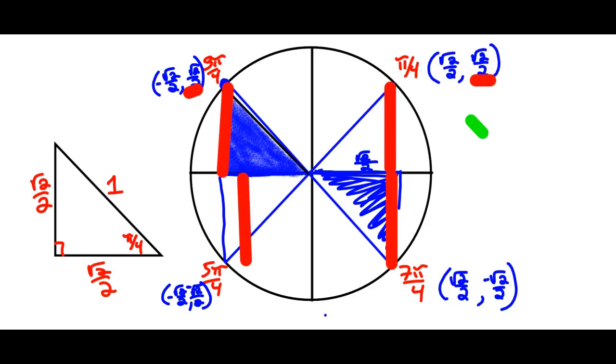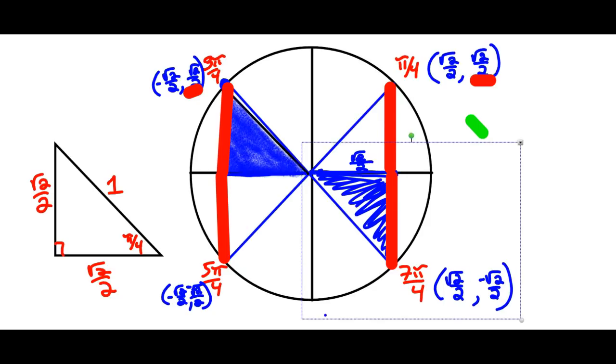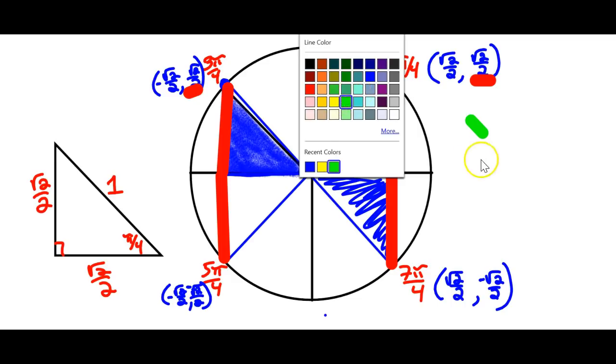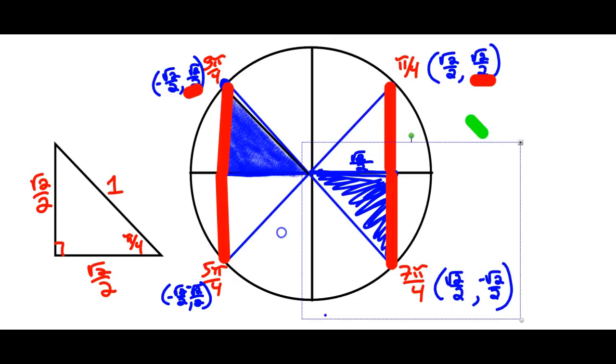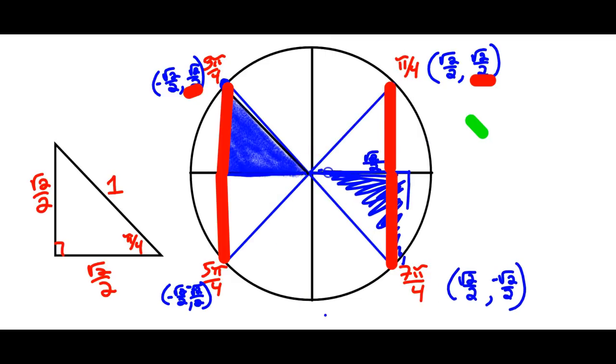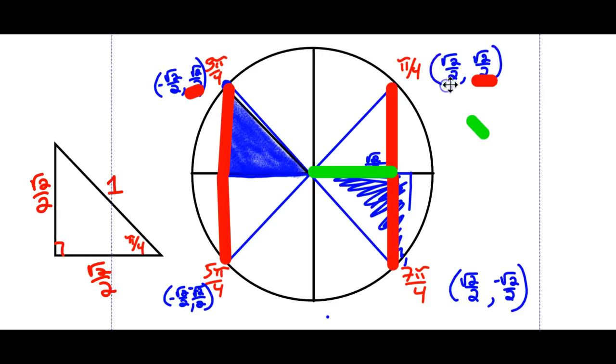Oh my goodness, I've got too much going on here, huh? Unit circles get crowded pretty fast. I'm trying to draw. Okay. Fix this real fast. So right here, and this is our x value, that's your cosine value.